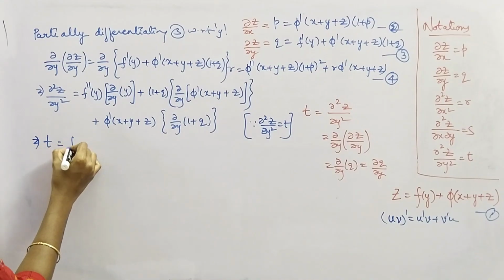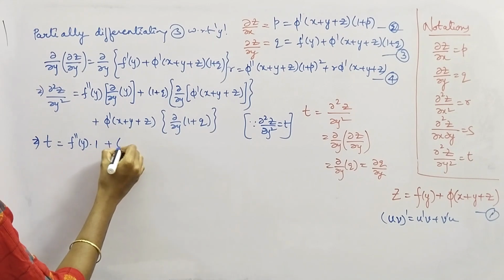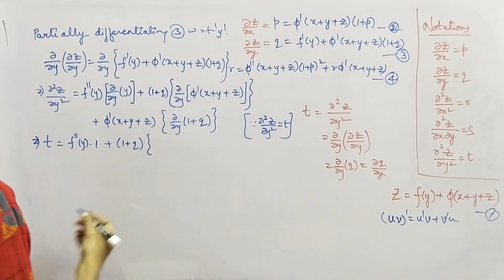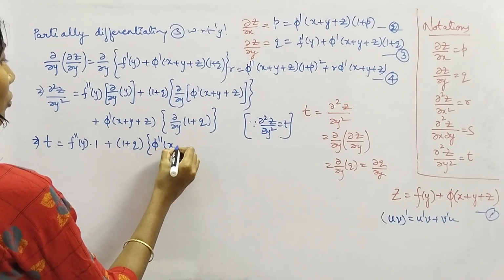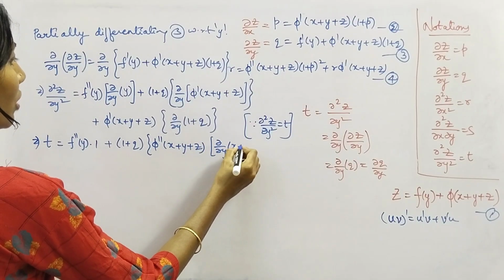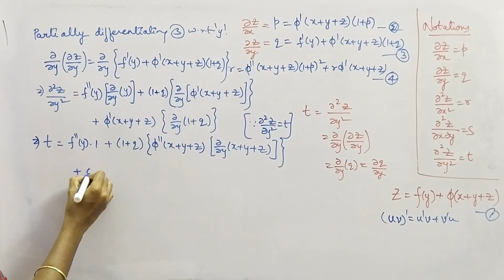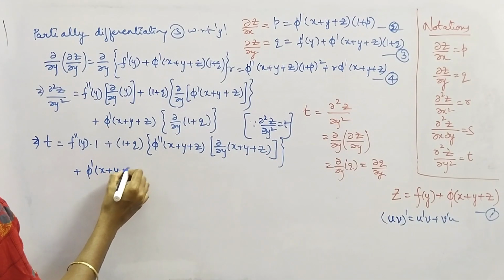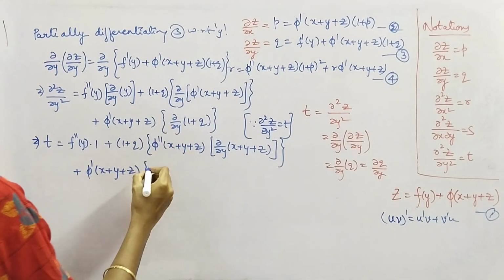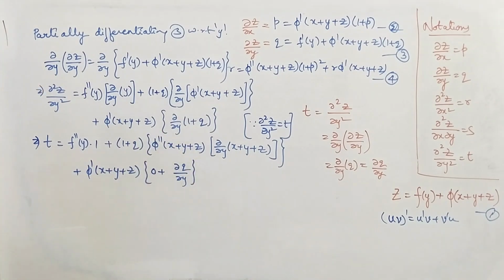You'll get t equal to f''(y) into the partial derivative of y with respect to y, which is 1, plus (1+q) times the partial derivative of φ'(x+y+z), which is φ''(x+y+z) into the inner derivative ∂/∂y of (x+y+z), plus φ'(x+y+z) into the partial derivative of 1 with respect to y, which is 0, plus the partial derivative of q with respect to y, which is ∂q/∂y.